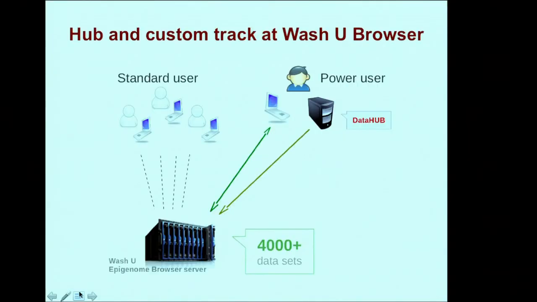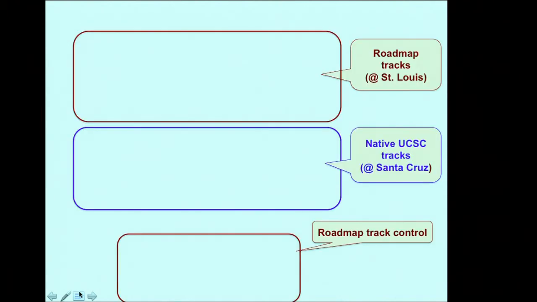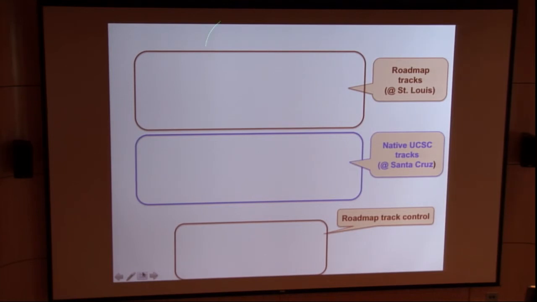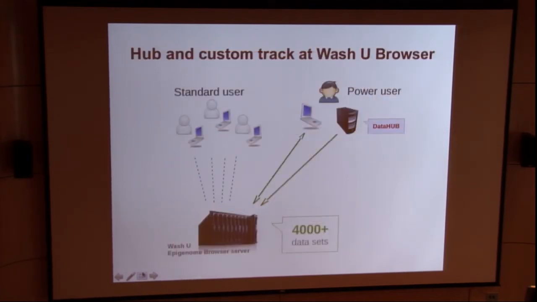Whoops, something didn't show up. So this is a genome browser view, if you take my word for it, from UCSC. You can actually see the data physically located in St. Louis and data physically located in Santa Cruz, from the same browser view. As an investigator, you don't have to worry about where the data is located, right?